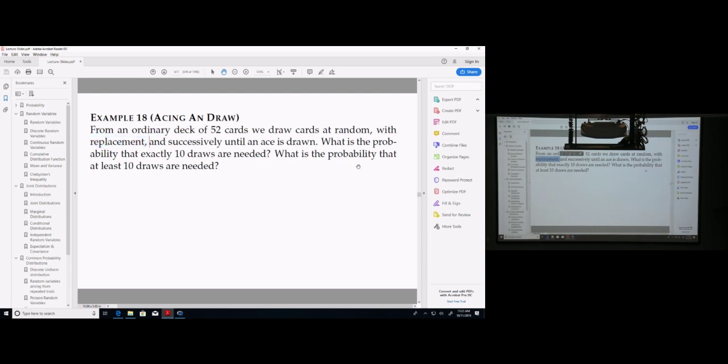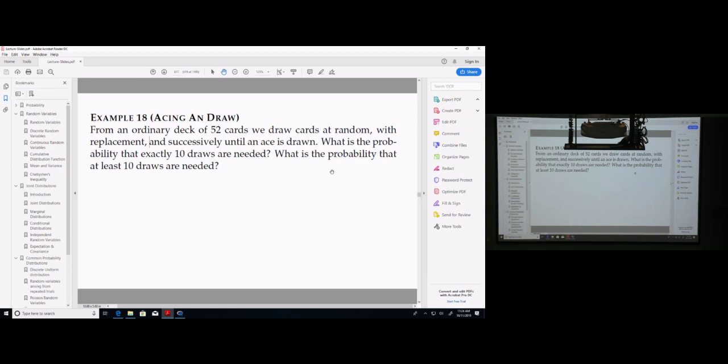And we draw successively until an ace is drawn. So what is the probability that exactly 10 draws are needed, and what is the probability that at least 10 draws are needed? Now, what is the probability of success? This is actually waiting for success.